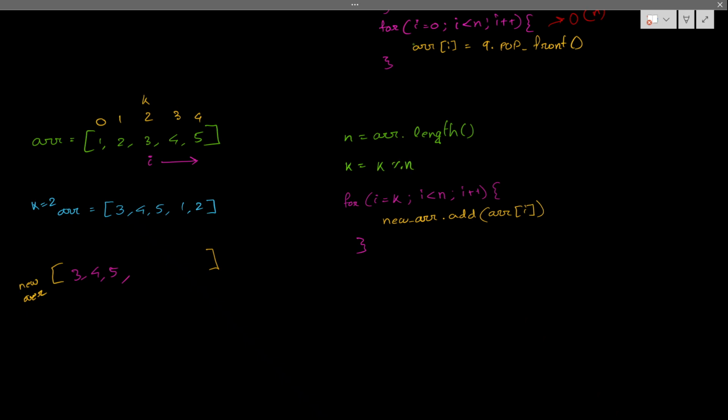Fine. Again starting from 0, for i is 0, I have to go up to the k minus 1 element, so i less than k, then i plus plus. Then new arr dot add arr of i.